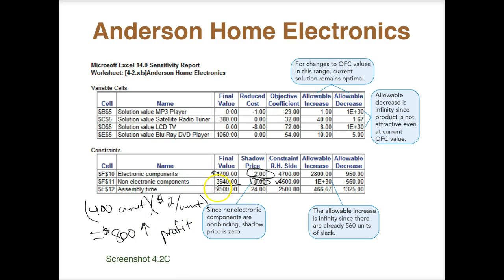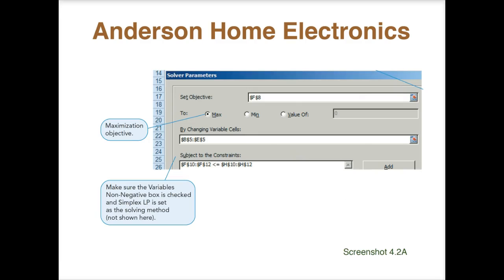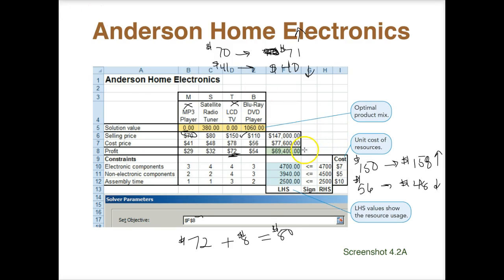So our profits are going to go from what they were, and I'll go back to that. So our profits here, 69,400. So we're going to add 800 to that, and so now that's going to be 70,200 if we actually were to increase the number of electronic components that's available to us.